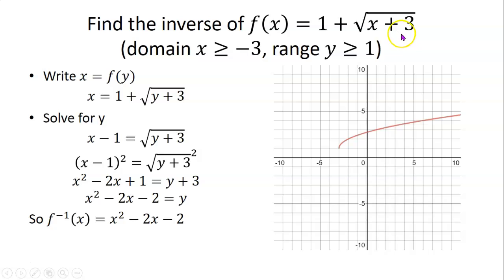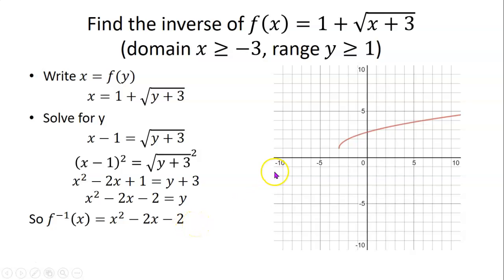Plug a number into f and see what you get out. Like if we plug in 6: 6 plus 3 is 9, square root of 9 is 3, 1 plus 3 is 4. So plug in 6, we get 4. That means here if we plug in 4, we ought to get 6. 4 squared is 16, minus 2 times 4 is 8, 16 minus 8 is 8, minus 2 is 6.